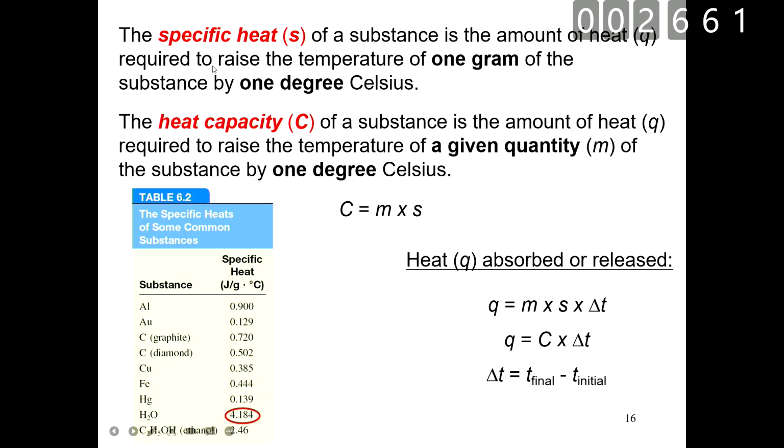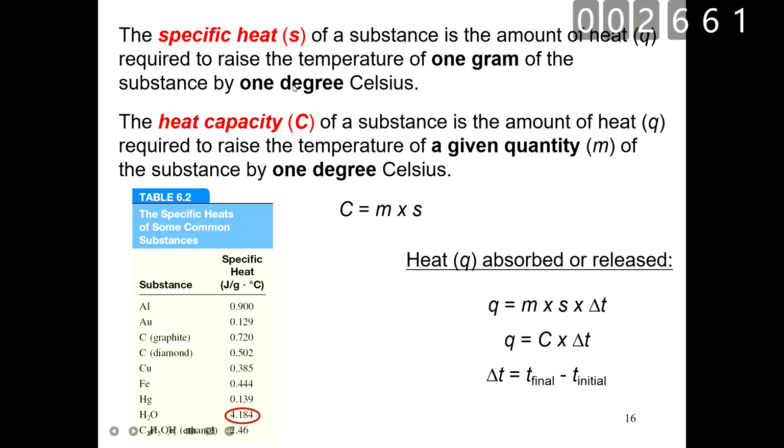So here is about the specific heat of a substance. The specific heat of a substance is the amount of heat required to raise the temperature of 1 gram, the mass is 1 gram, by just 1 degree.